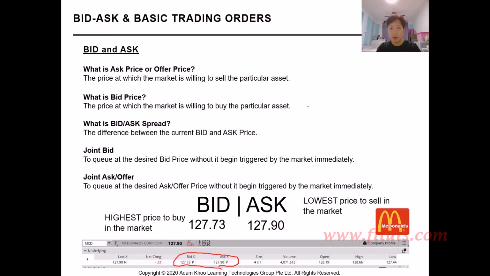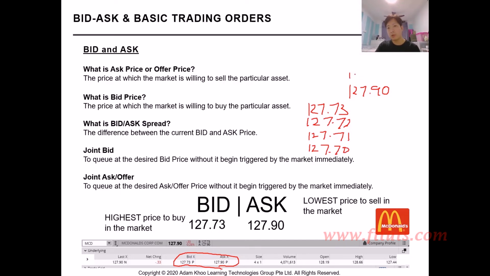Okay, so let's say here the bid is 127.73 and the ask is 127.90. Anything lower will be 127.72, 127.71, 127.70.